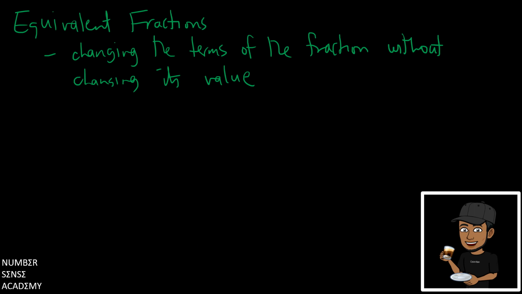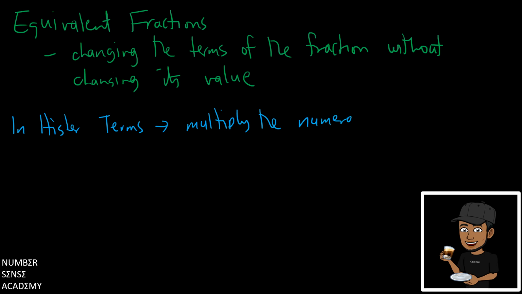So there are 2 ways that could be accomplished. You could get equivalent fractions in higher terms. And this simply means that you multiply the numerator and the denominator by the same value.